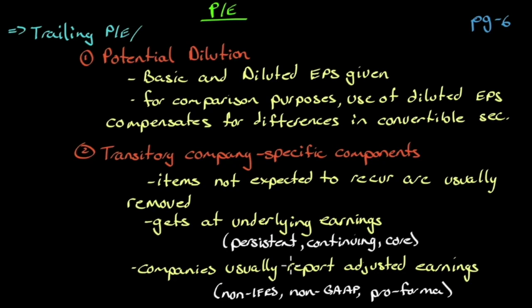And what they're implicitly saying is, look, this is not going to happen again. It was a one-time thing. That's history. You've got to value us on a going-forward basis, so really don't include this. You really should use our non-GAAP measure of EPS and not our GAAP measure of EPS. And I'll say a little bit about that coming up.